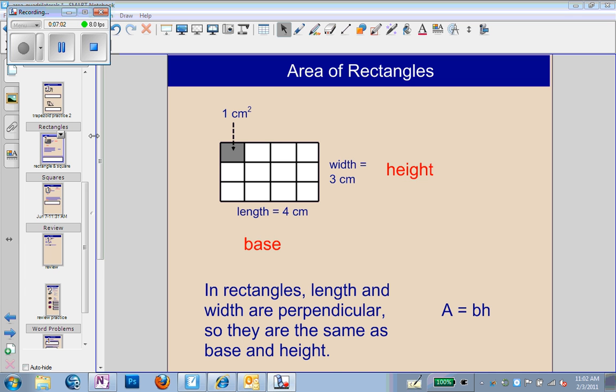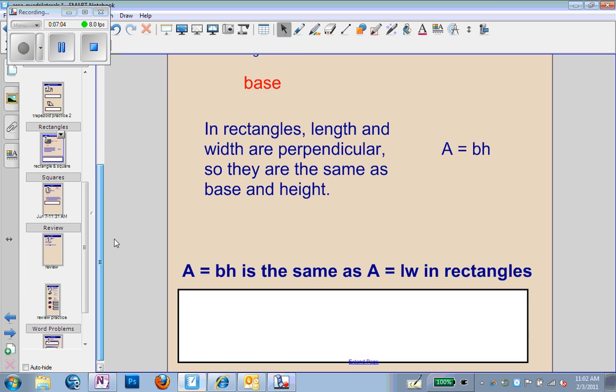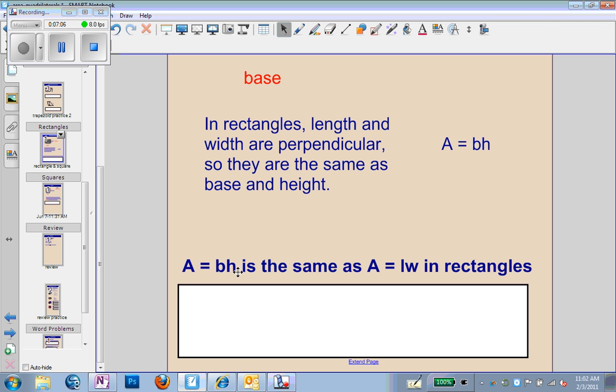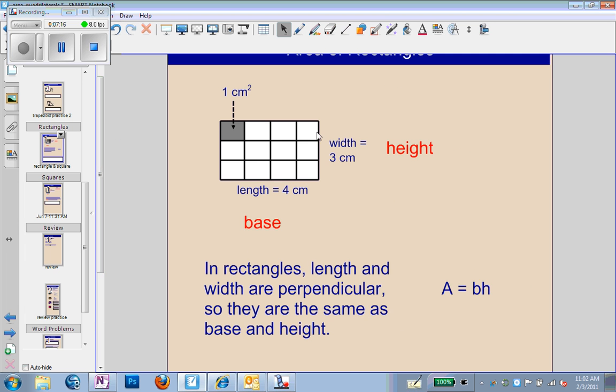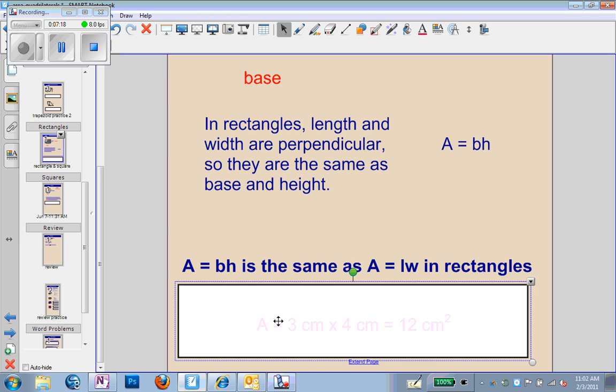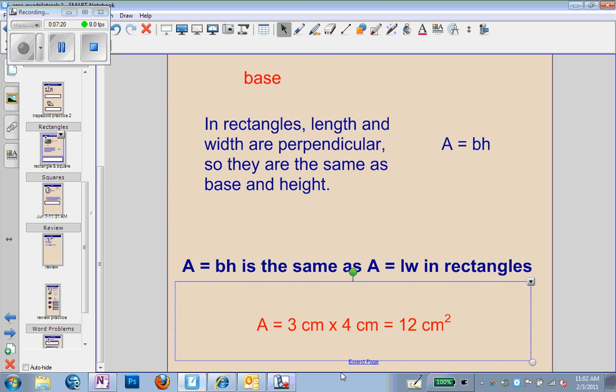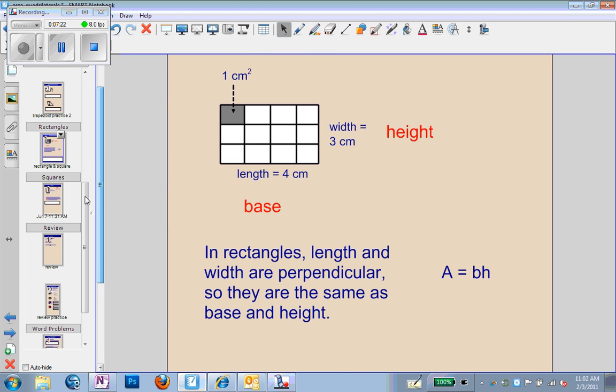It doesn't matter. So we can use either area equals base times height or area equals length times width when we're working with rectangles. Whichever you feel comfortable with is fine. So let's find the area of this particular rectangle. The area is 12 centimeters squared because you're going to multiply 3 times 4, and that gives you 12.